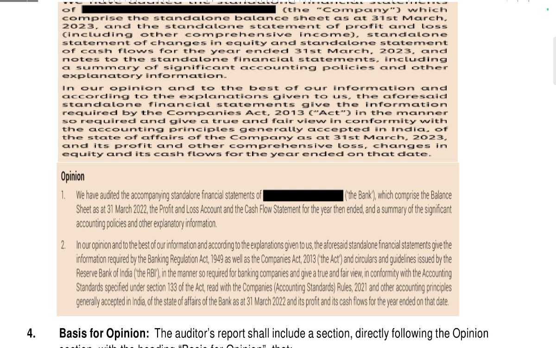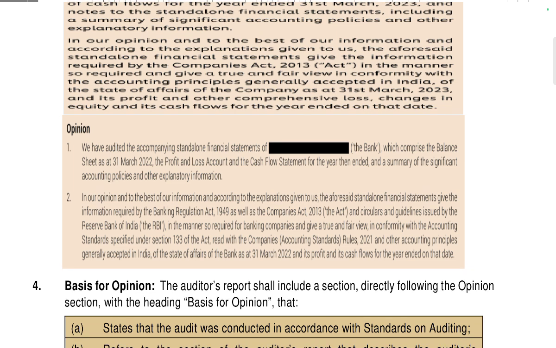In our opinion and to the best of our information and according to the explanations given to us, the aforesaid standalone financial statements give the information required by the Companies Act 2013 in the manner so required and give a true and fair view in conformity with the accounting principles generally accepted in India, of the state of affairs of the company as at 31st March.